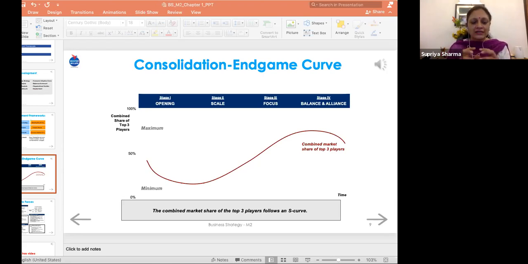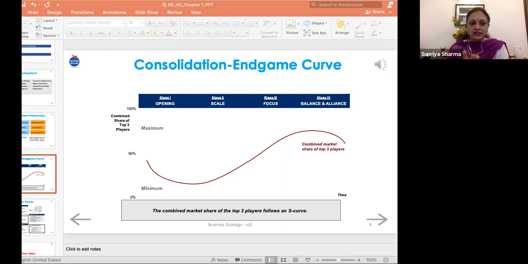So gradually, your first mover advantage, which was there in the opening stage, will start getting a little diluted here. There would be 2 or 3 players in the market, and they will own maybe 15 to 45% of the market share.